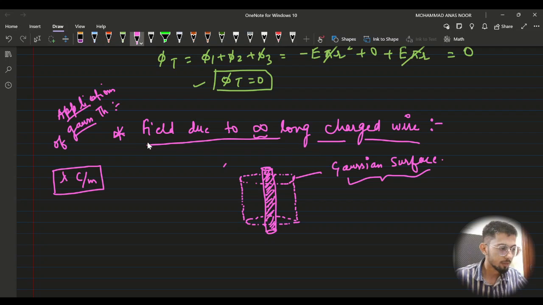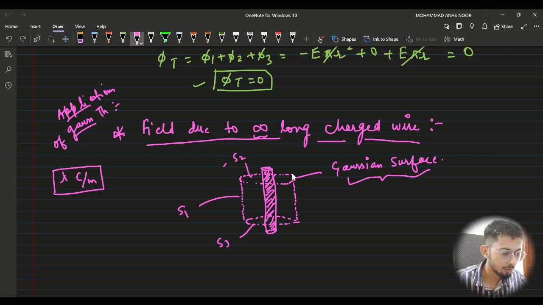Now we want to find the electric field due to this long charged wire, which has a uniform charge density lambda. So how do we do this? See, there are three surfaces here also, right? This is S1, this is S2, the cylinder, and this is S3.